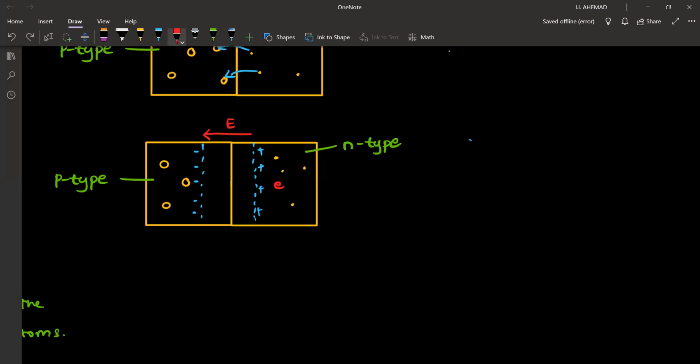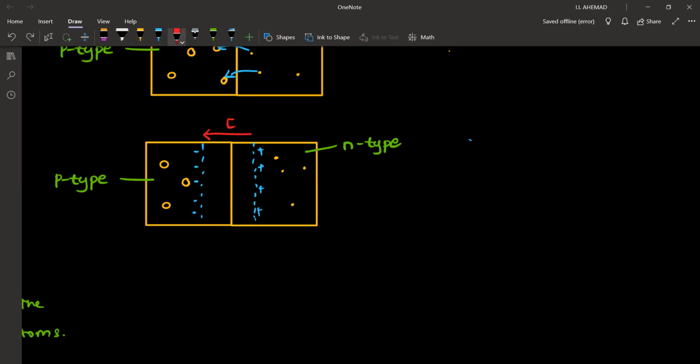At the same time, here you don't have any electrons or holes. If you had a hole over here, then due to this electric field, it gets pushed into this region. And if you had an electron, it gets pushed into this region. So there is no free electron or hole.